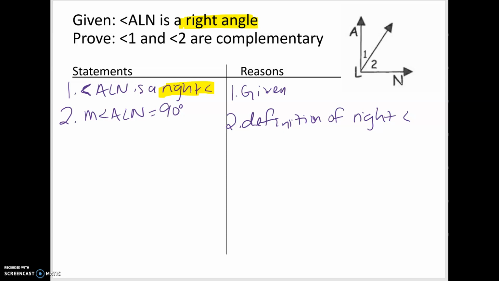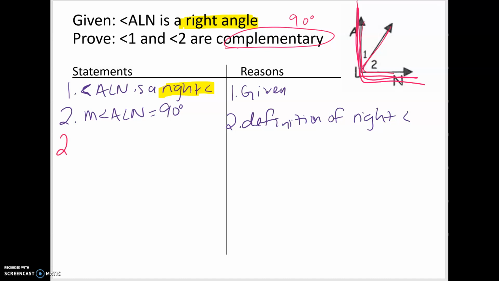And now I need to look at my prove statement. My prove statement says I'm trying to get angle 1 and angle 2 are complementary, which remember means that they equal 90 degrees. So if I look at my picture, how do I get from angle 1 and 2 to the whole thing ALN? Think back, this is actually back in chapter 1.